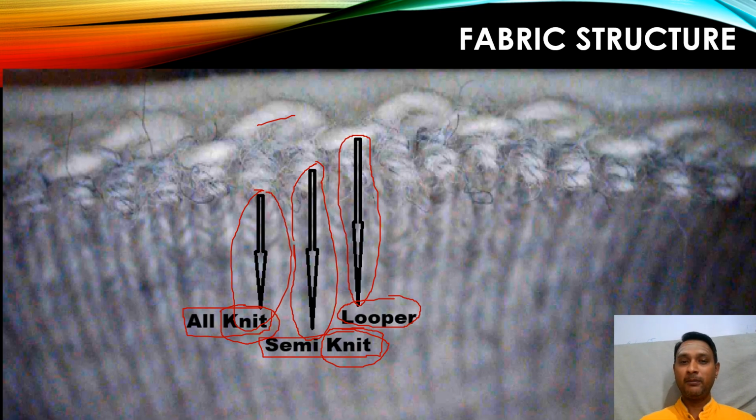The all knit yarn holds the looper, just like in the two-thread French terry fabric. So while unraveling the all knit yarn, we have to concentrate on the looper side as well, because we need to understand whether this fabric is knitted in the normal looper format or the cross looper format.